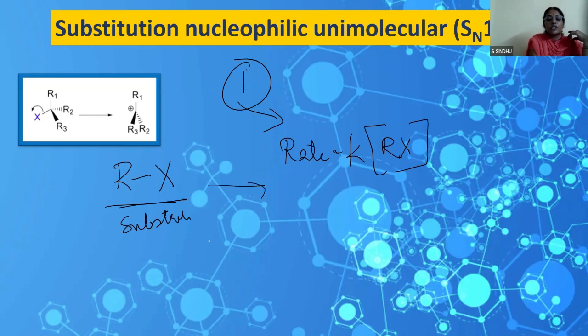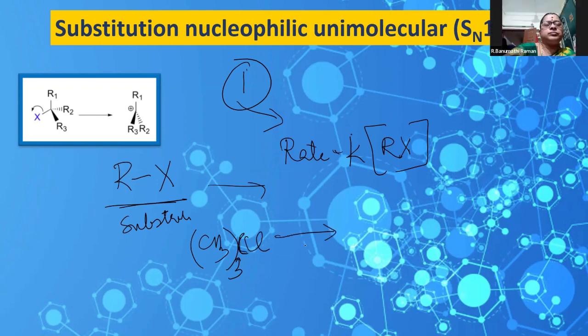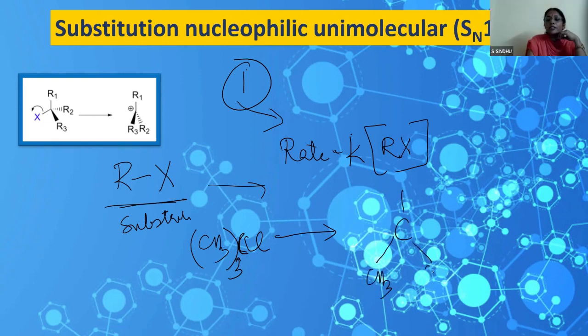So during the course of the reaction, suppose I have (CH3)3CCl as my substrate. What happens initially? Carbocation formation. The Cl leaves out first, and we get the sp2 hybridized planar carbocation during the course of the reaction.